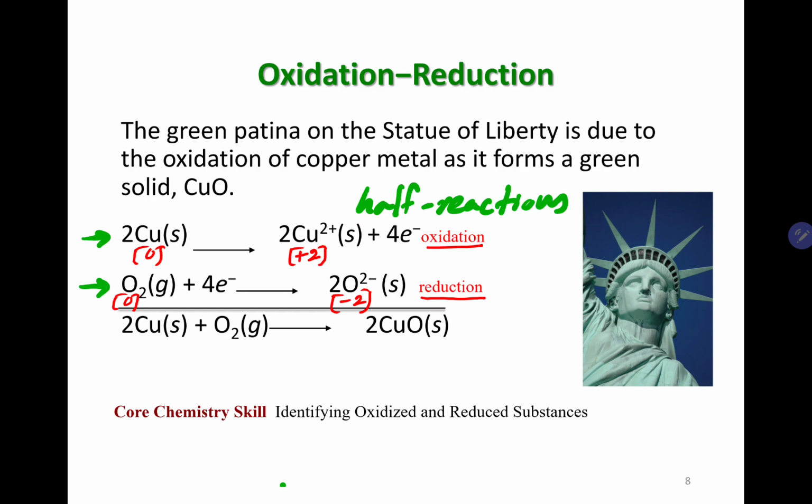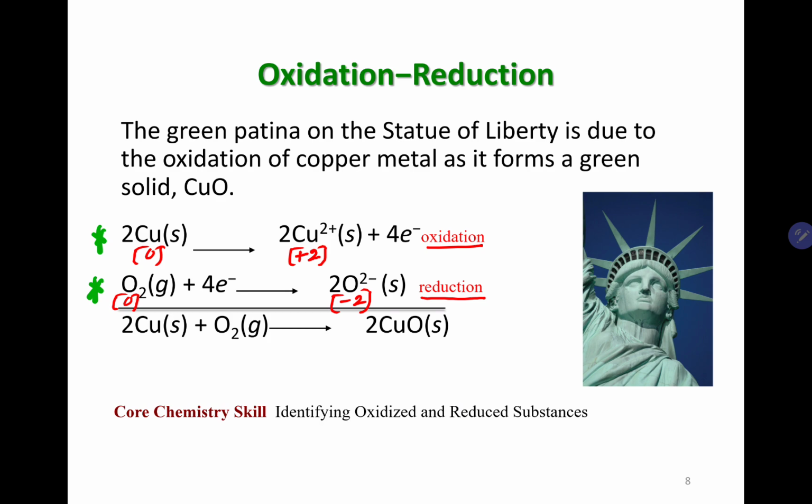So the two reactions listed here will not happen independently. They need the other reaction to survive. The oxidation reaction needs the reduction reaction, because if someone is losing electrons, there should be someone else to gain those electrons. So oxidation or reduction cannot happen independently. That is why we call them half reactions.